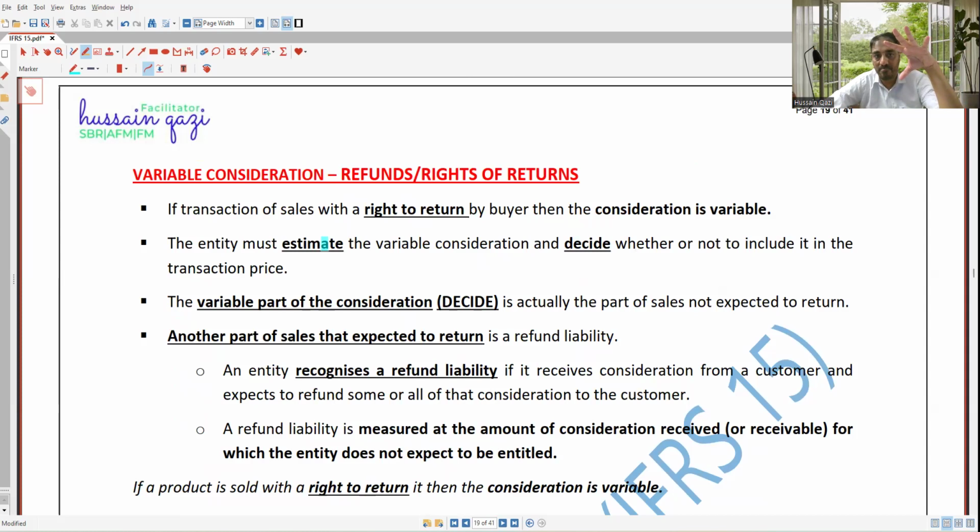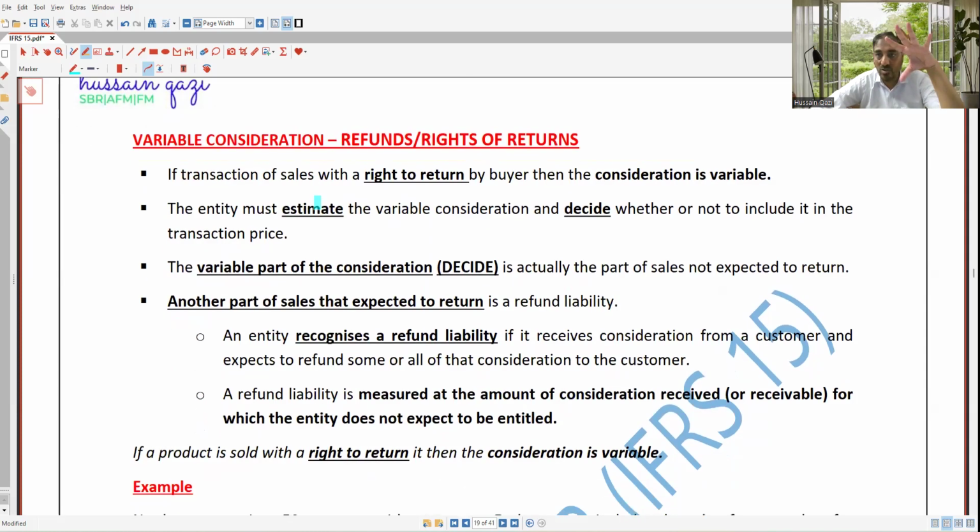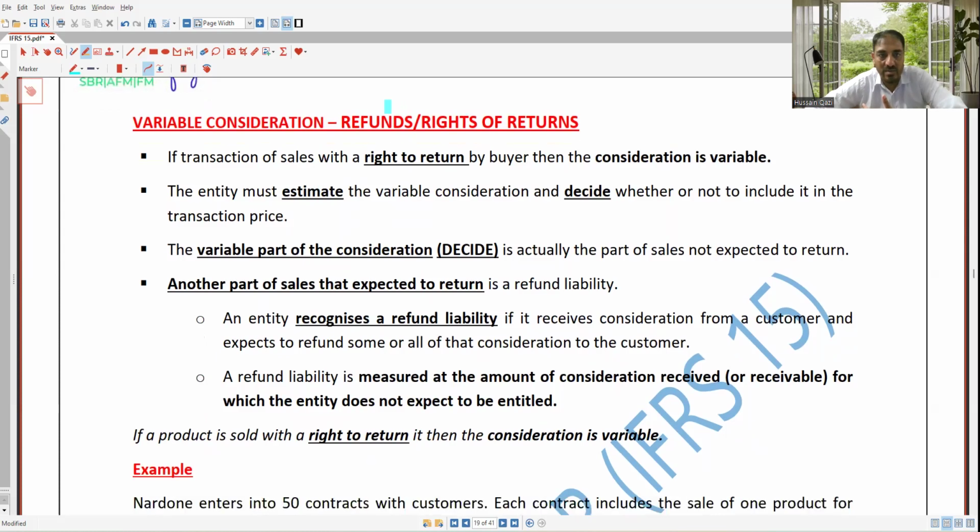With respect to variable consideration, first we discuss the rules, then we cover multiple examples. Now variable consideration, that's called refunds and rights of return. It means the seller sells the goods to the customer and also gives the right of return as well.